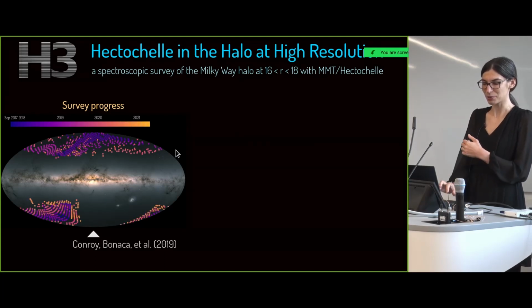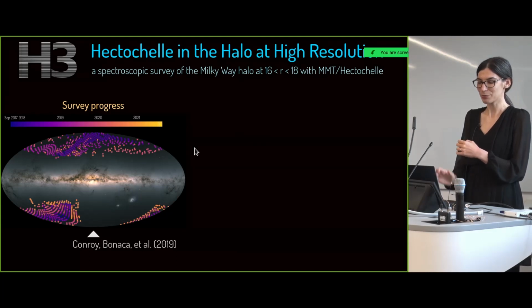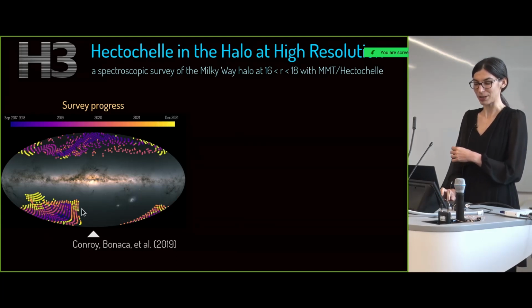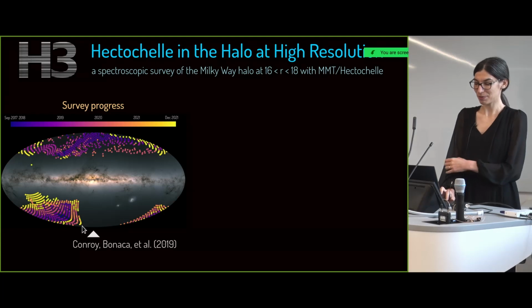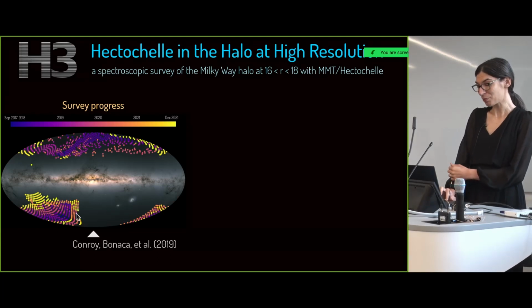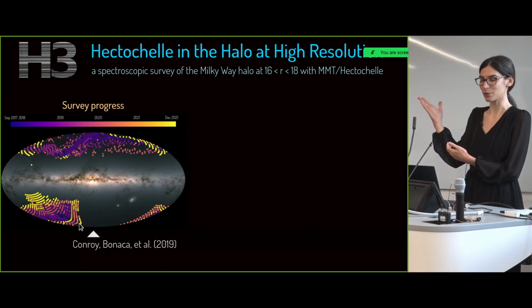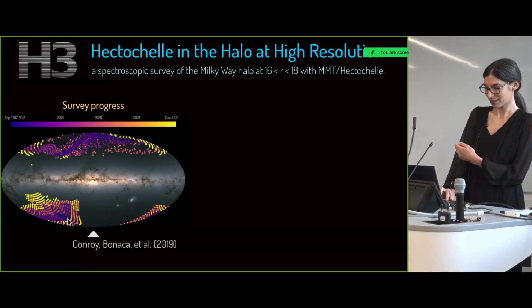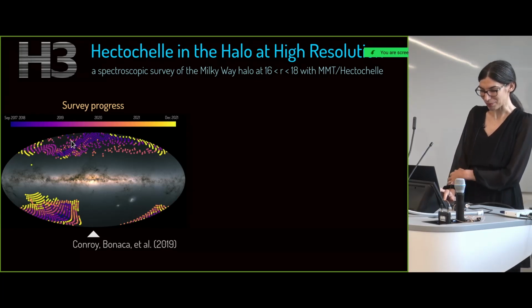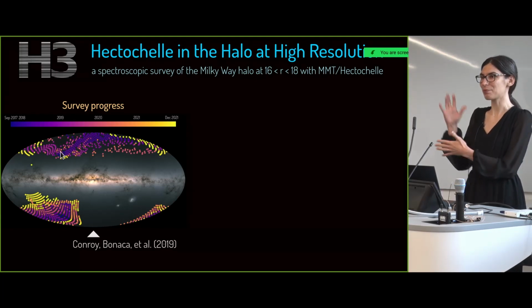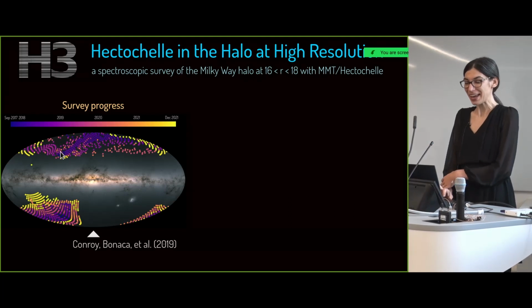You can see as time goes on, we've been filling out this footprint in a fairly uniform fashion. And today we have observed most of the stars that are visible from the northern hemisphere, where the telescope is situated, in the southern galactic cap, and are making our way through the northern galactic cap as we speak.